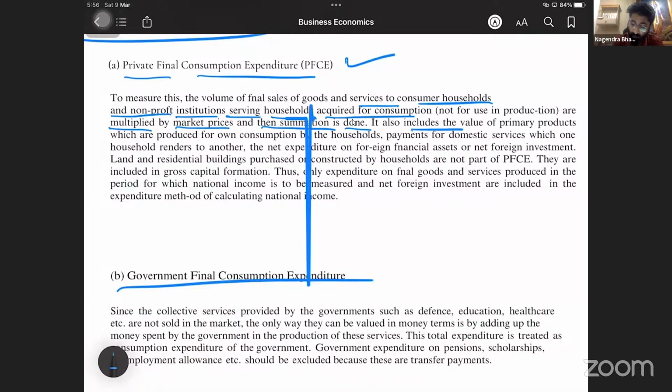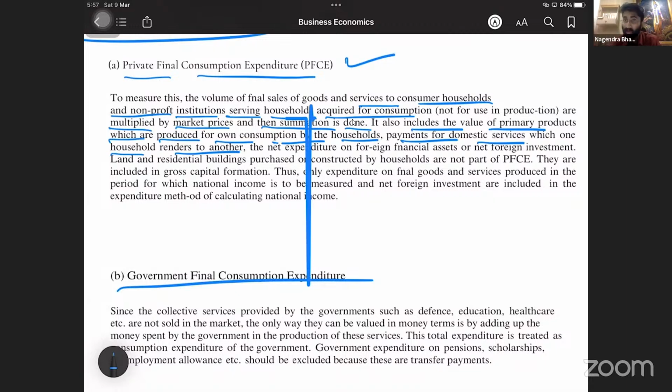It also includes the value of primary products which are produced for own consumption by the households, and payments for domestic services which one household renders to another. See, it is not required that I take the services or purchase the goods from a business.